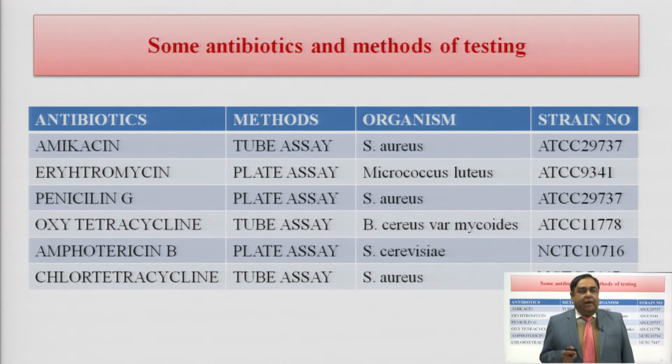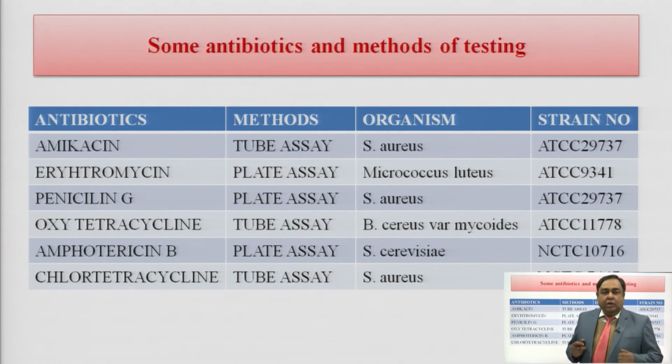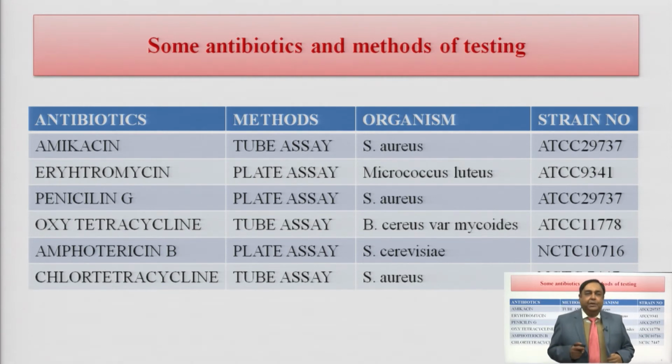Amphotericin B, on the other hand, is measured by cup plate method, where the organism recommended by IP is Saccharomyces cerevisiae NCTC 10716.